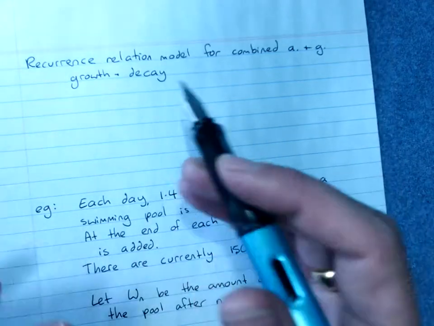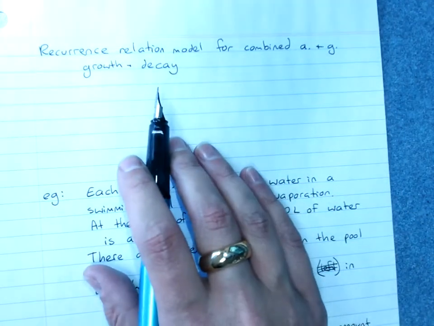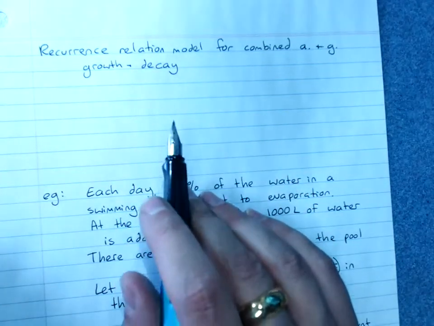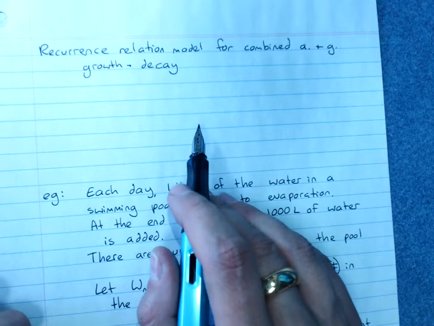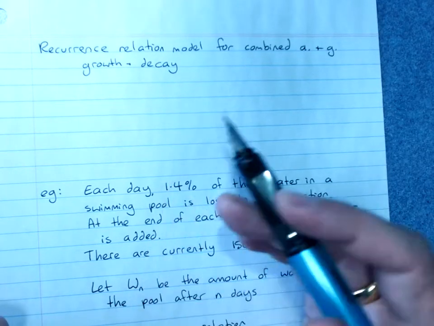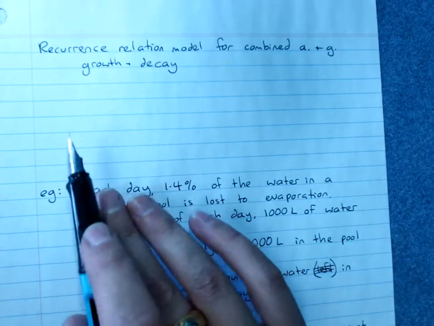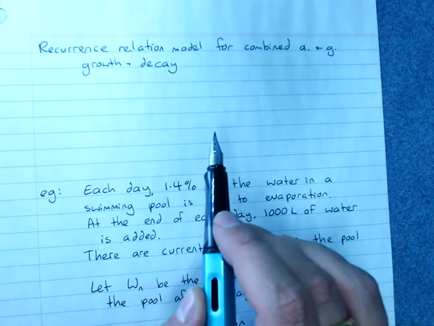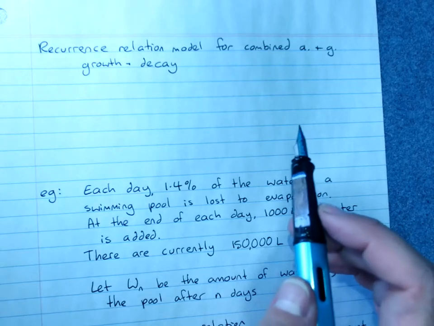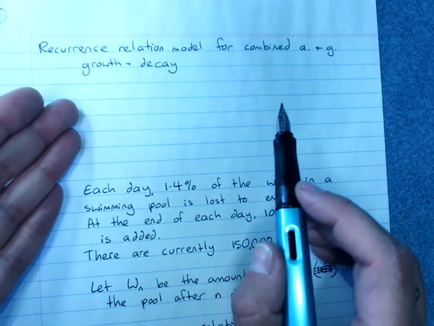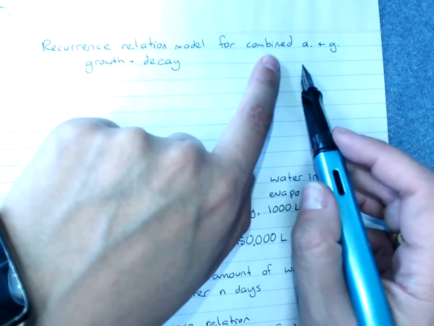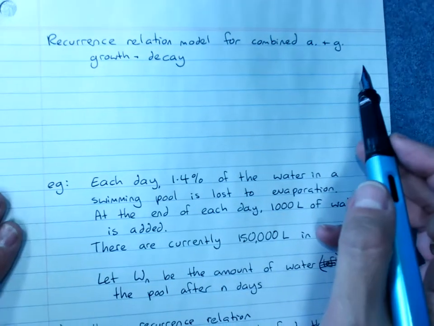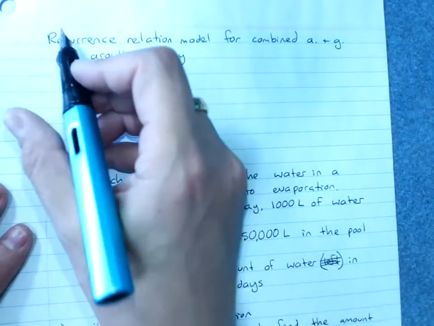So the sort of situation you'll get is if, say, something is going up or down by a percentage, but there's also a fixed amount being added or subtracted, like a bank account, where there's a percentage interest rate increasing, but you're also taking out $500 every single month. Taking out $500, arithmetic. Increasing by a percentage, geometric. They can both happen in the same thing.